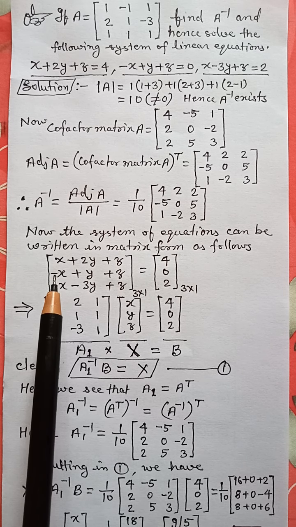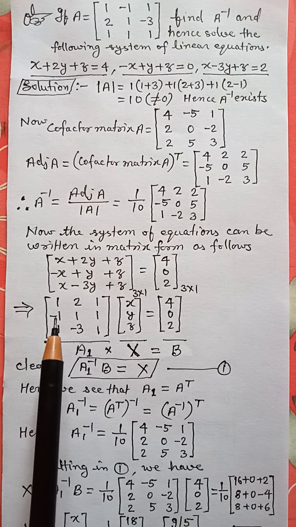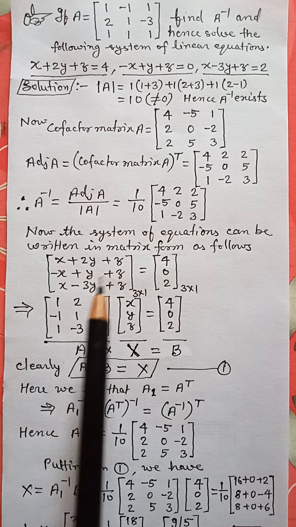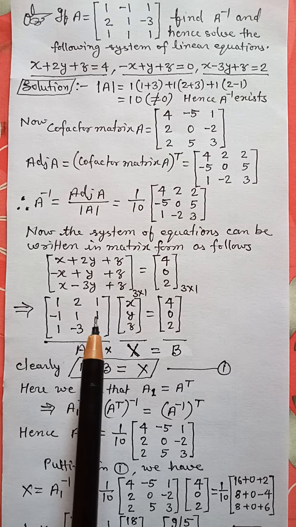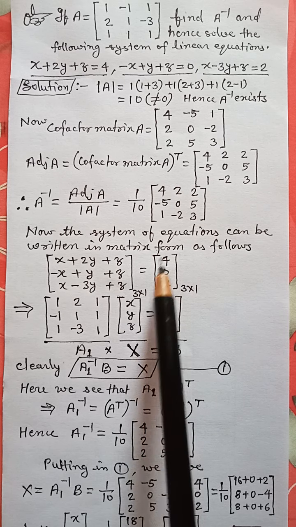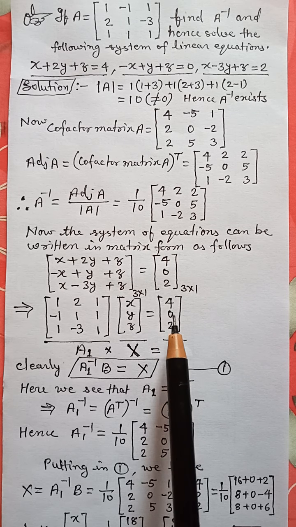Here it is 1 minus 1 1, 2 1 minus 3, 1 1 1. And this is our matrix of constant terms, 4, 0, 2.